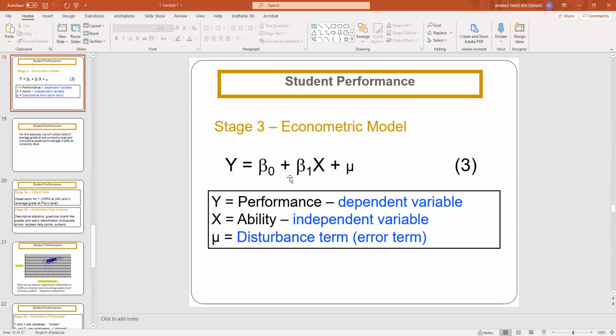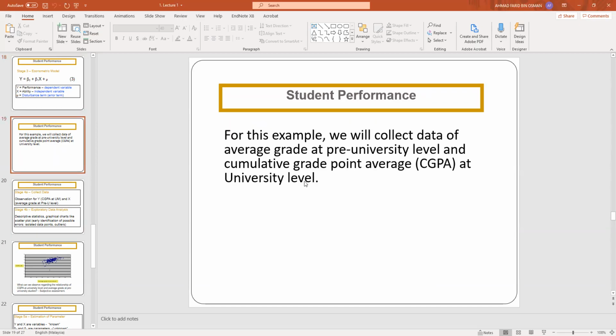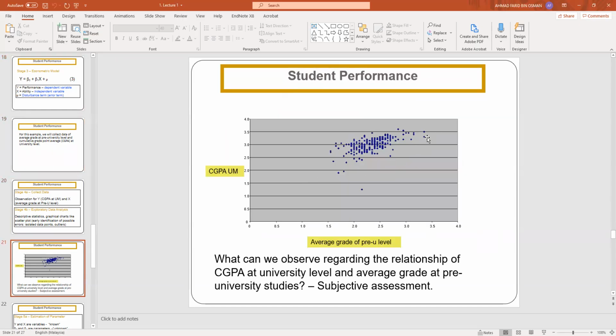So we need to estimate this. Because it is linear, basically it is a straight line, a linear equation. You look at its graph, there are many straight lines you can draw to represent the relationship between y and x.